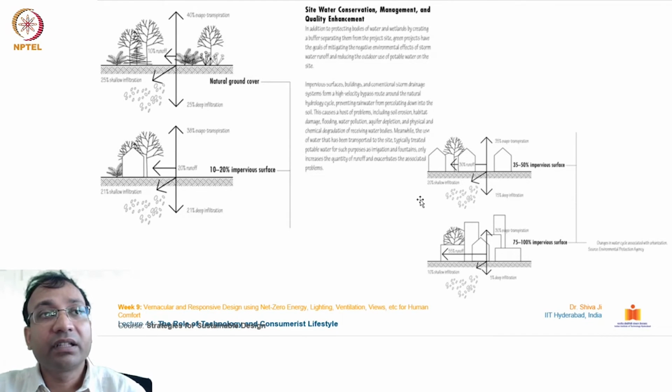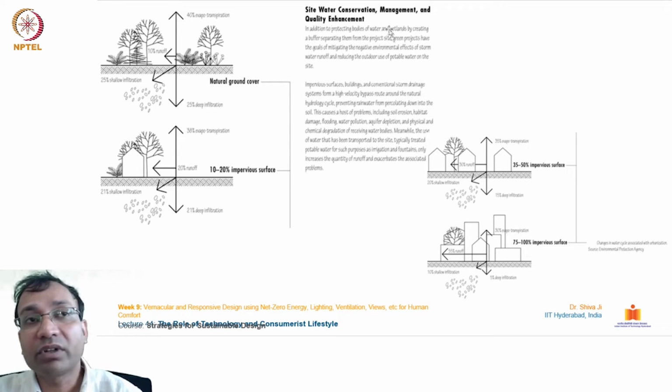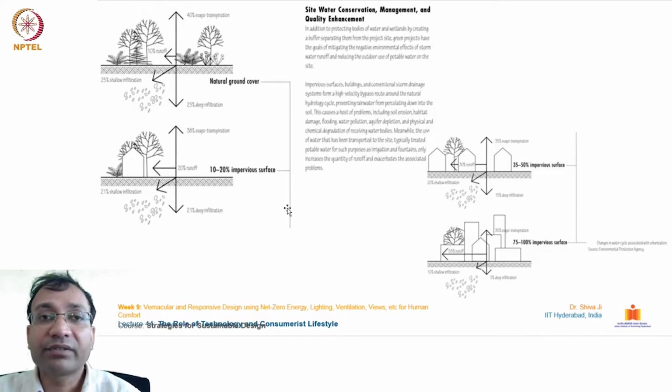Next, we can focus on site water conservation management and quality enhancements. How we pave the surface matters: we can plan the paving in such a way that water keeps penetrating into the top layer of the surface.